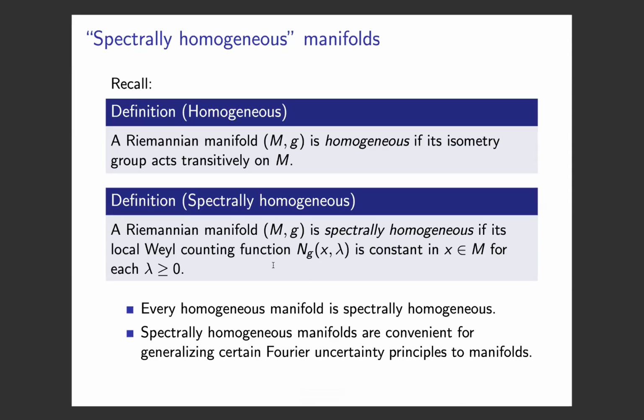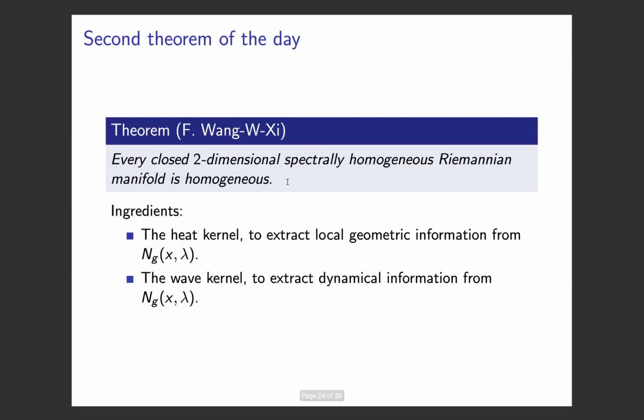So the question is, we proved that every two-dimensional spectrally homogeneous manifold is homogeneous, but is there a counterexample in higher dimension? And the answer is yes. In fact, the first counterexample should be in dimension 4, because there's a pair of isospectral tori that are not isometric.